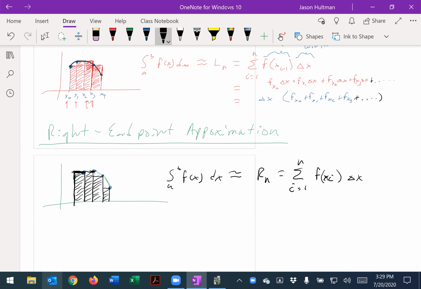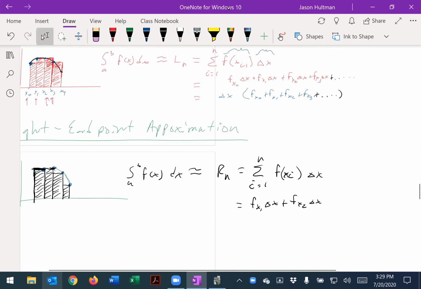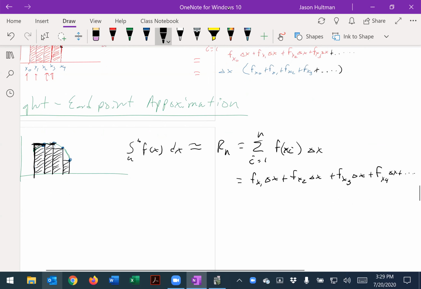This is equal to f of x sub 1 times delta x plus f of x sub 2 times delta x, plus f of x sub 3 delta x plus f of x sub 4 delta x plus dot dot dot. And then we can factor out that delta x if we wanted to: f of x1 plus f of x2 plus f of x3 plus f of x4 plus dot dot dot forever.